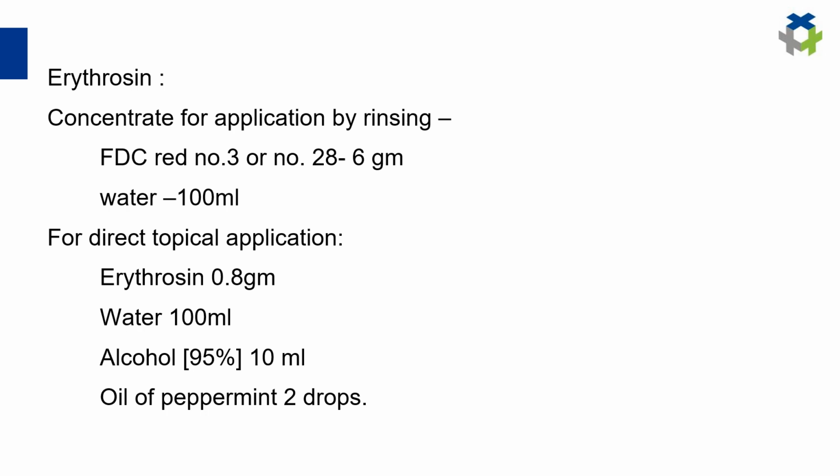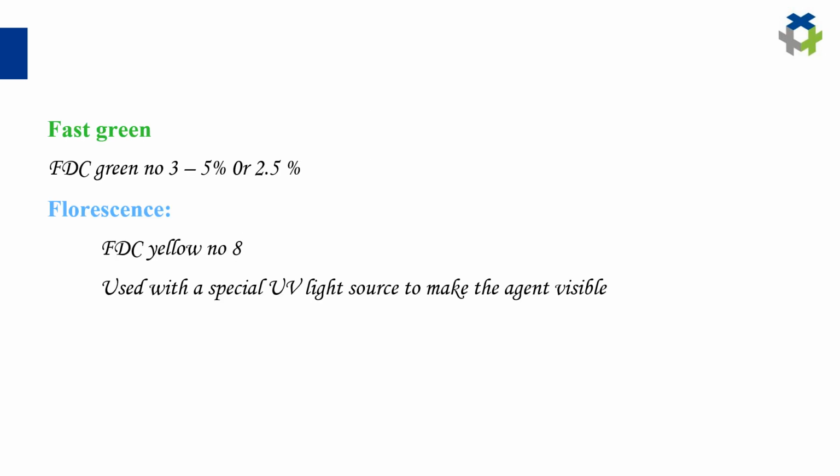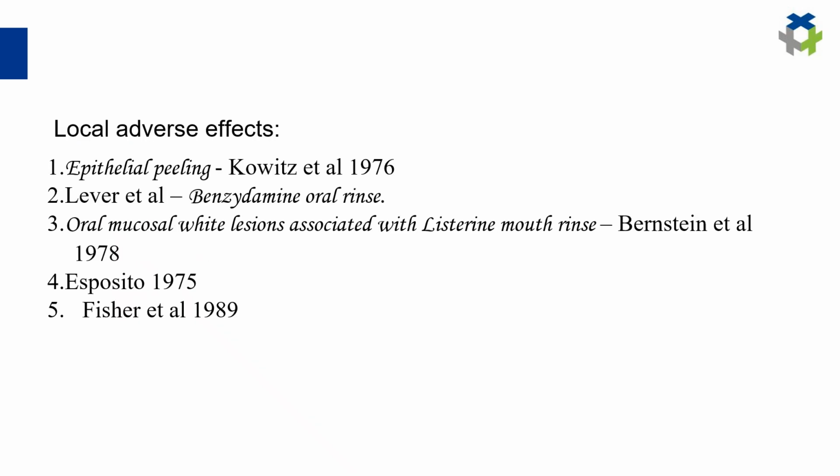For direct topical applications, erythrosine 0.8 gram, water 100 ml, alcohol 10 ml and oil of peppermint 2 drops. Fast green 3 to 5% or 2.5%. Fluorescein, FD&C yellow number 8, used with a special UV light source to make the agent visible.